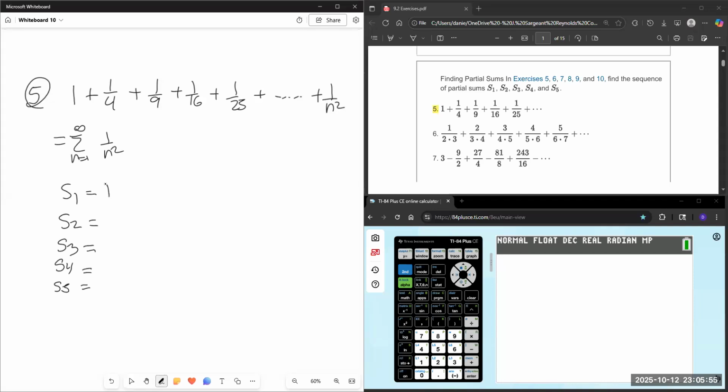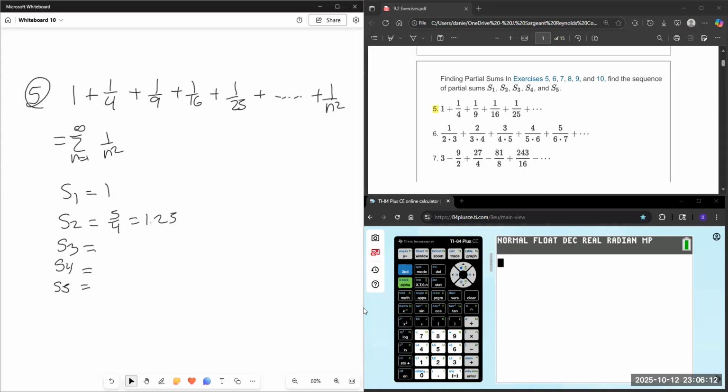So we have 1, and then we add a quarter, that's 1.25, which is the same thing as 5/4. And then actually, let me change this the other way around. Do exact answers first, and then decimal answers.